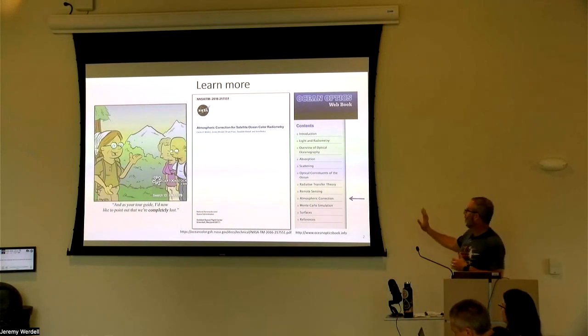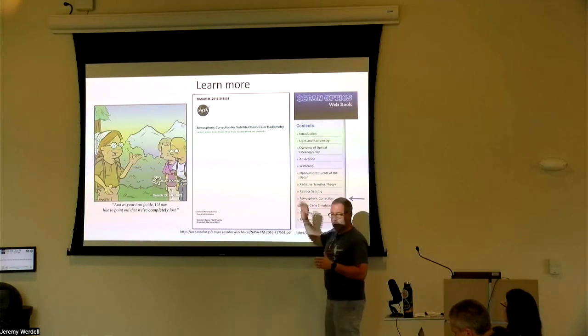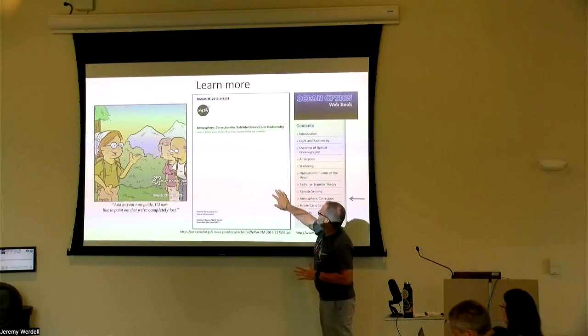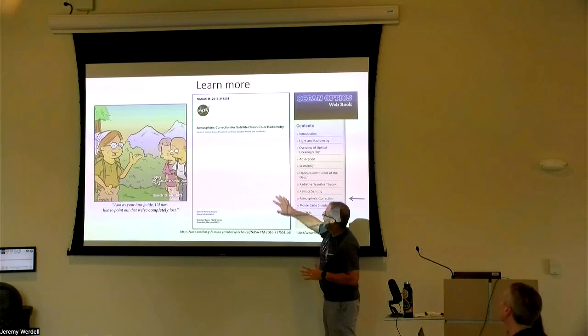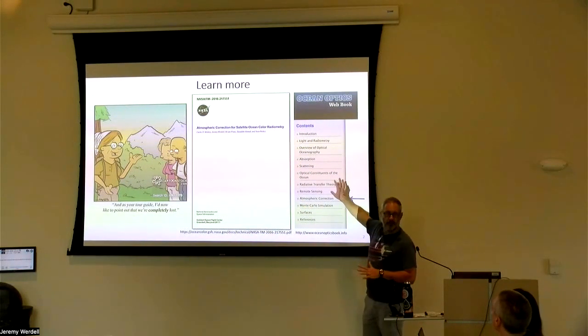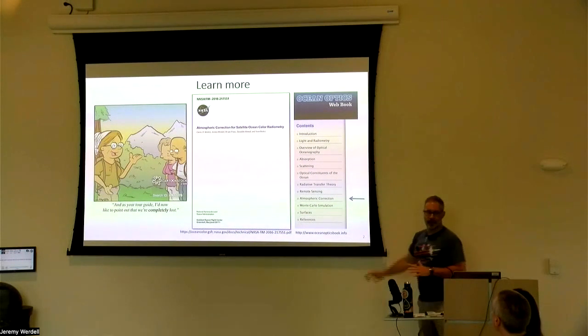These are great references if you want to take a deeper dive. We have an atmospheric correction technical memo that's easily found online, and it's a complete section in the Ocean Optics Web Book as well.